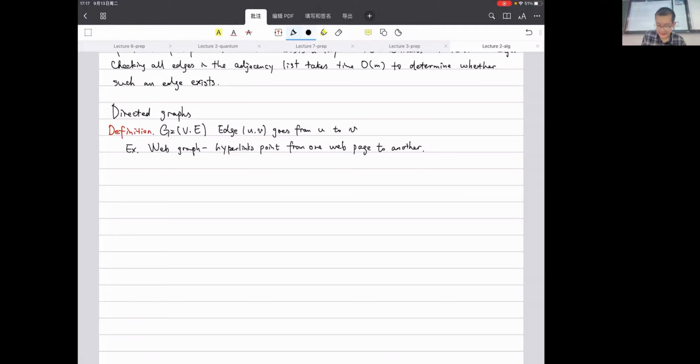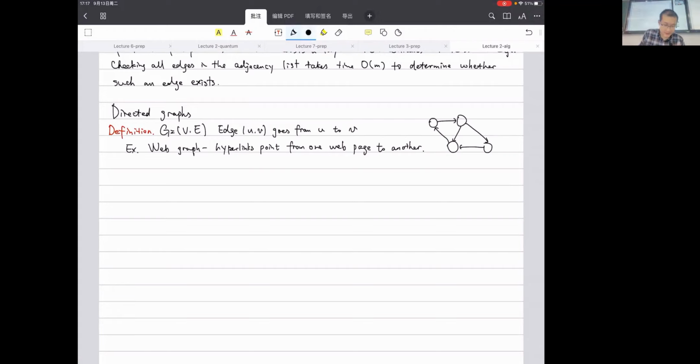So you see that for some real applications, when we want to consider a graph, it really makes sense that we want to consider a directed graph. So maybe, for instance, when we want to draw a directed graph, this is just a random graph that I'm drawing here.